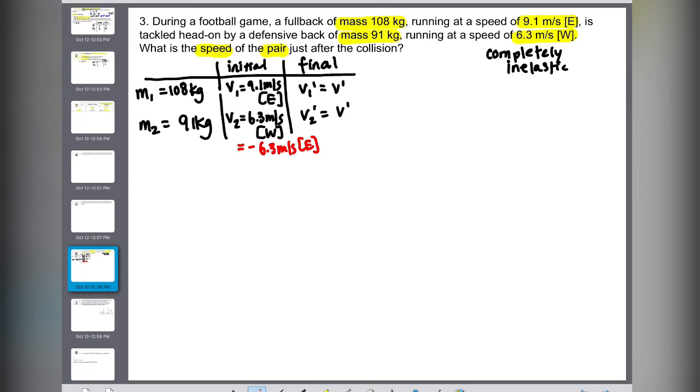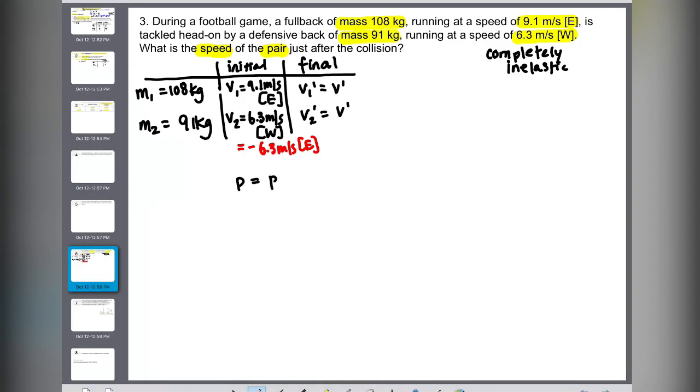If you want west to be positive and change your 9.1 to negative west, be my guest. Just know that whatever answer you get, the direction is east, and if it's negative, you can turn it into west.